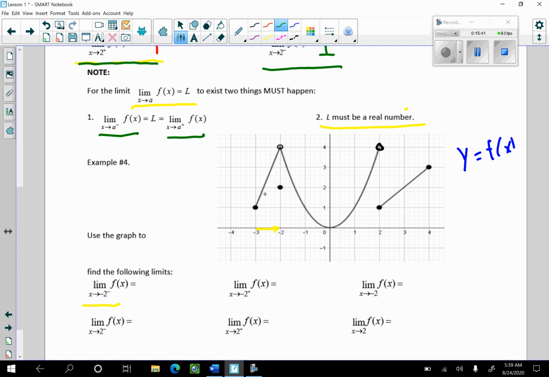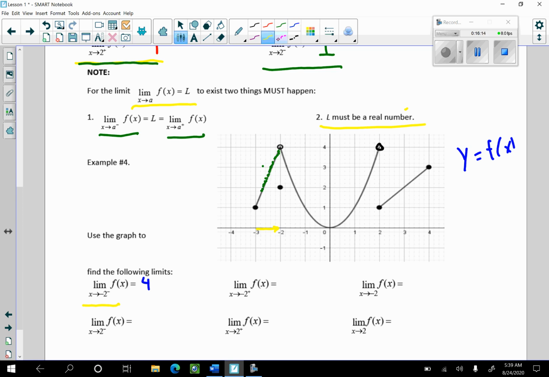A good way, as x approaches -2 from the left here, is to take a bug and crawl up the graph, because the x values are getting close to -2, and the bug is crawling up the graph. What y value is the bug getting really close to? Well, the bug is getting really close to 4.